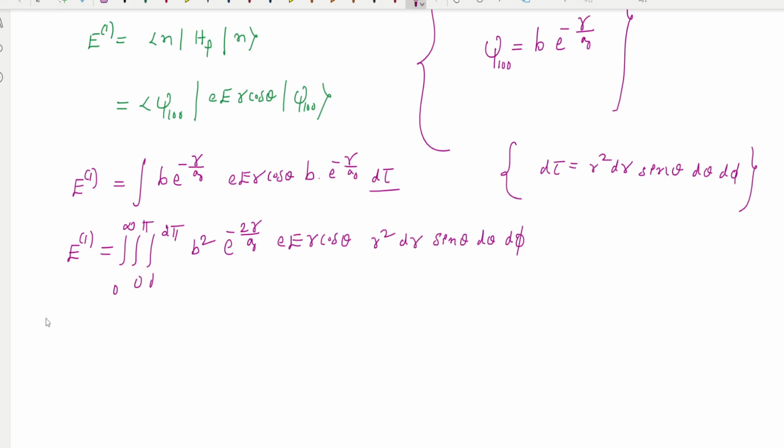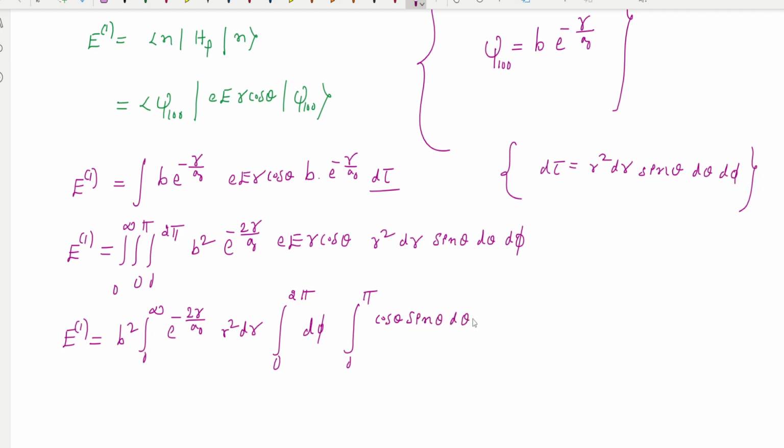Okay, let us try to simplify this equation. First, this is B squared, integral 0 to infinity of e power minus 2r divided by a naught r squared dr, integral 0 to 2 pi d phi, integral 0 to pi cos theta sin theta d theta.